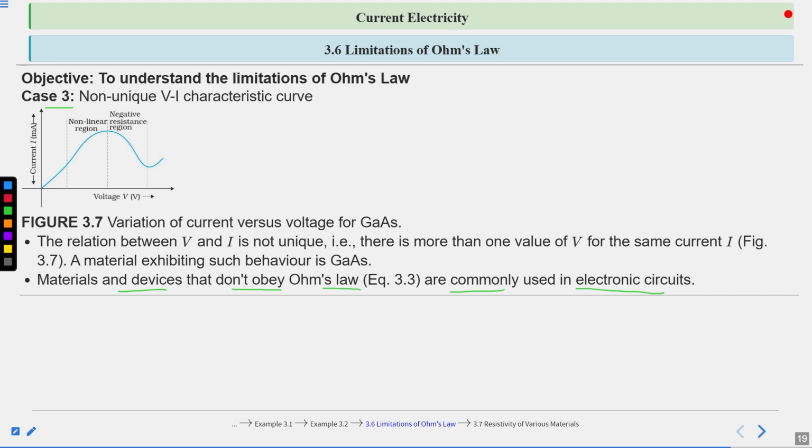There are chip-like structures having multiple terminals, black-colored, rectangular, square, or cylindrical components. Capacitors are also there on circuits, and these electronic circuits are made up of semiconducting materials that do not follow Ohm's law.